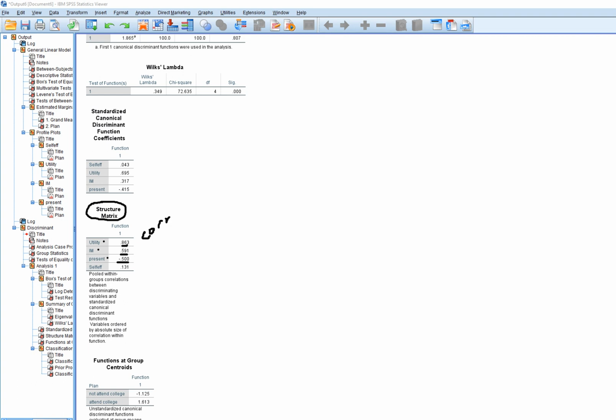And then self-efficacy is really minimally related. So you can see that I could use these three variables right here to name the function. So I could name it something like future approach motivation or something like that. So I'll just call it future approach motivation to give it some kind of meaning.